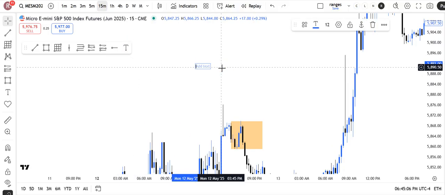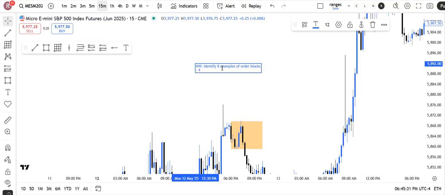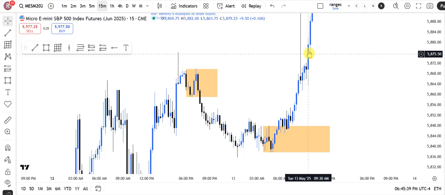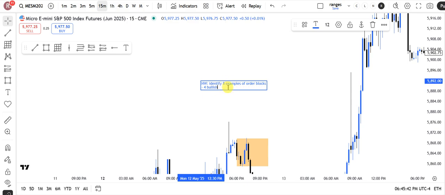So, homework tonight, or during the day, whenever you're watching this, is going to be to identify let's do 8 examples of order blocks for bullish, which means they are going to be down candles that use price to propel it up, and for bearish.